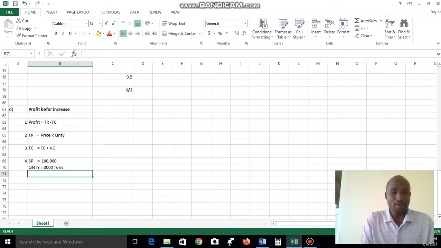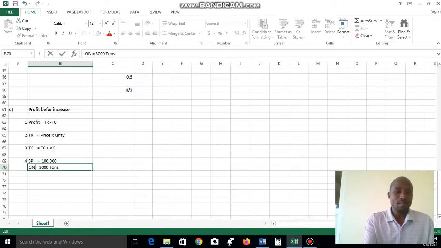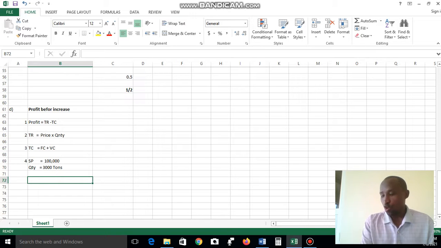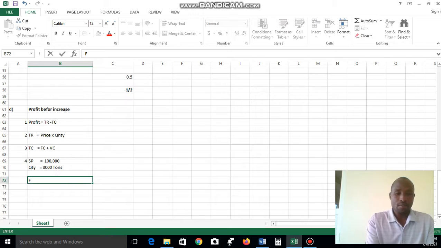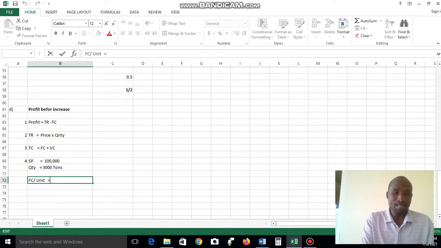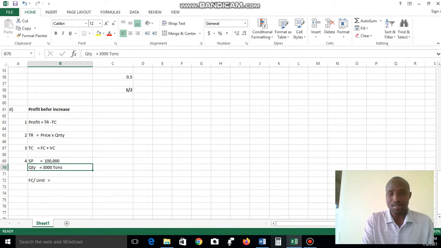Then, after knowing the quantity, we need to know the fixed costs per unit. One may ask, where have I got 3,000?